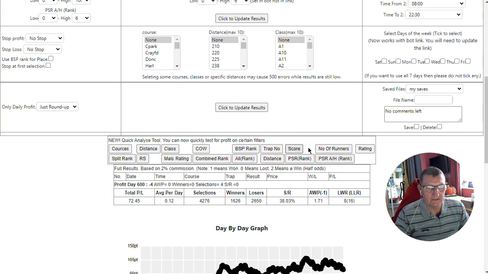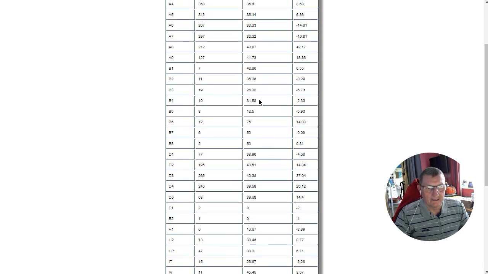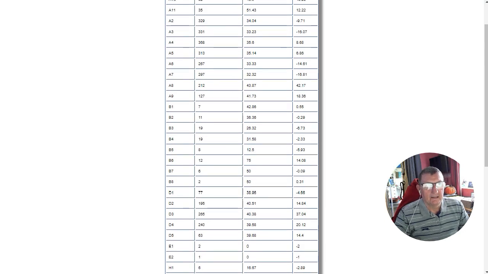We could look at these different quick scenarios or quick analyze. So we could go to class and say, well, is there anywhere we could find profit in the different race classes? So we've got some profit on A1s, D1s to D3. So we could kind of go down selecting the ones that we like there.